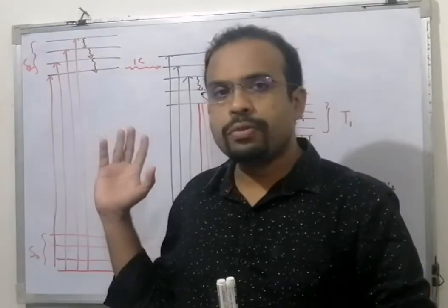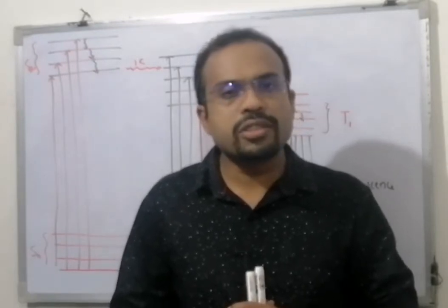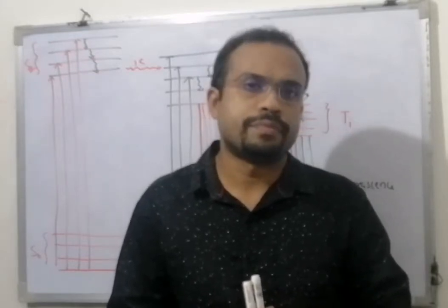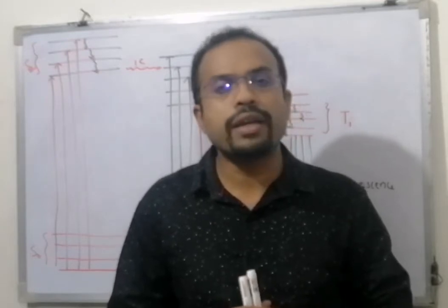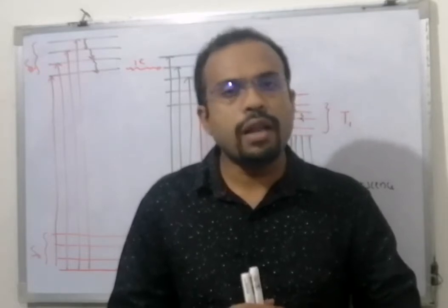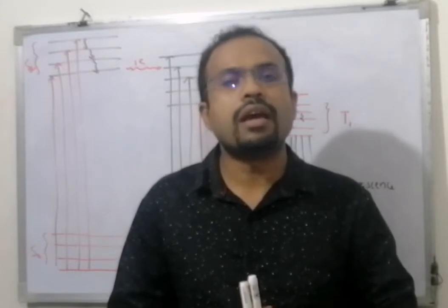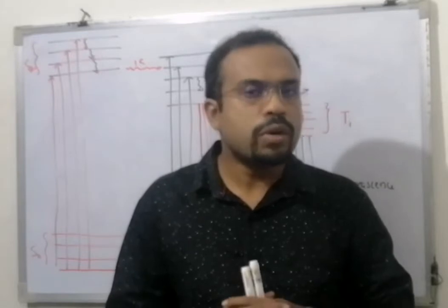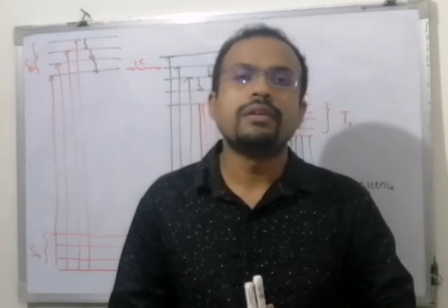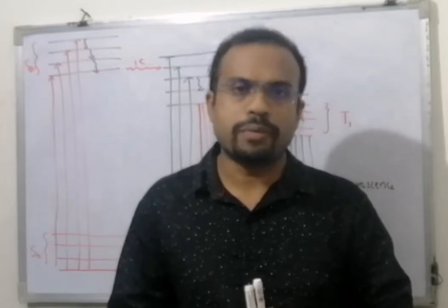The diagram on the board is called the Jablonski diagram. The Jablonski diagram describes the fate of electronically excited molecules. The diagram tells you what will happen after a molecule is excited electronically. What is the fate of that molecule? This discussion is very important when we go to the details of photochemistry.